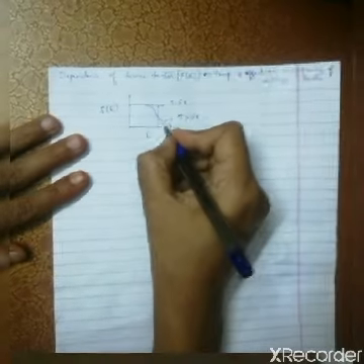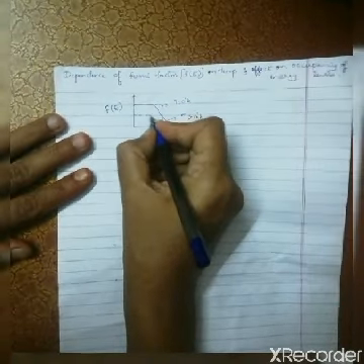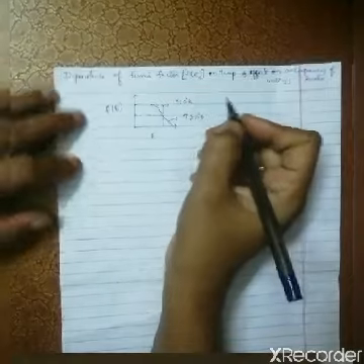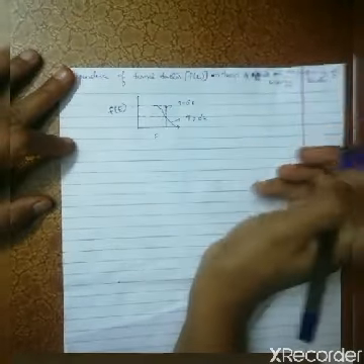And this f of E, I said it is a probability, so probability can either be 0 or 1.